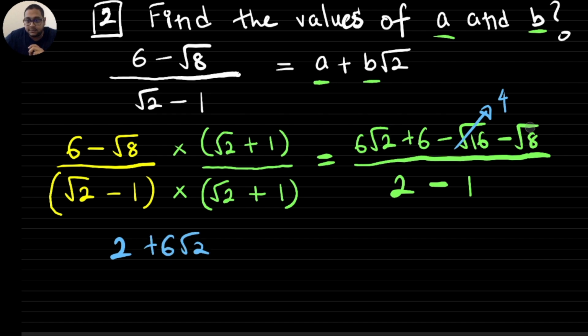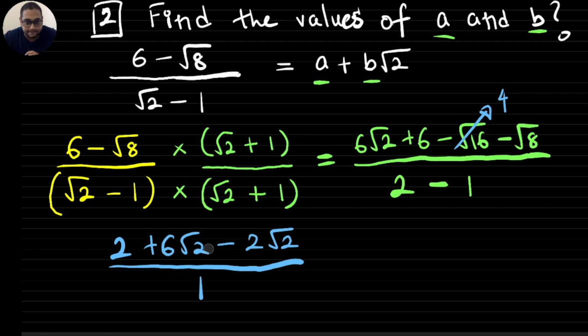And I'm going to consider minus root 8 as 2 root 2. Root 8 is equal to 2 root 2. I have explained that in the previous example. And for the denominator, 2 minus 1 would be 1. If you like, you can write it as 1, or else you can simply skip it.